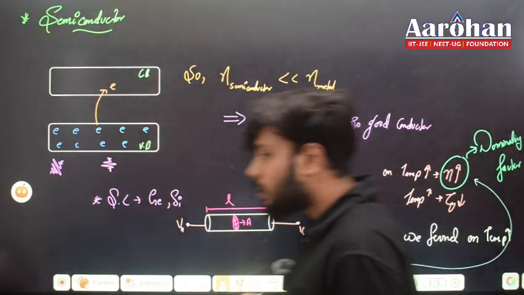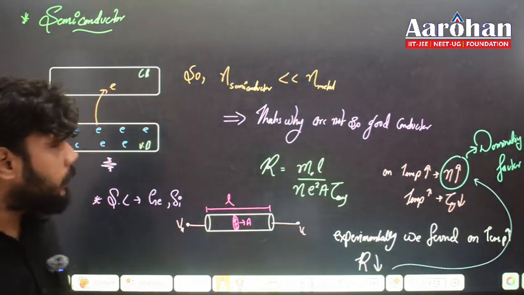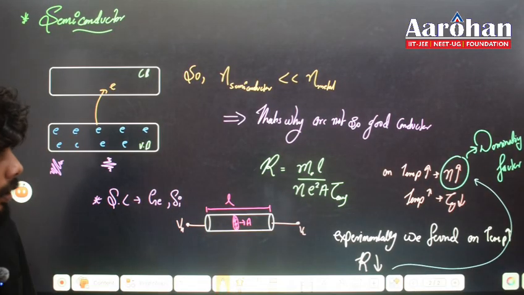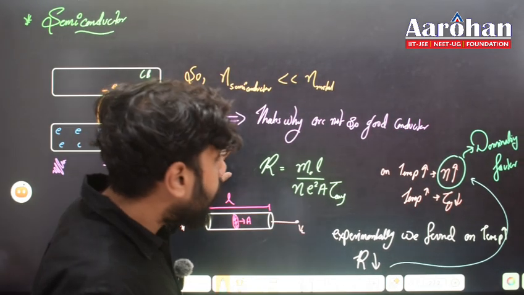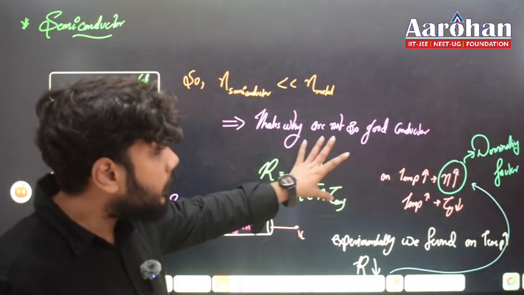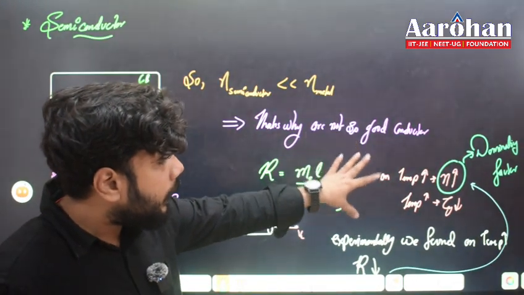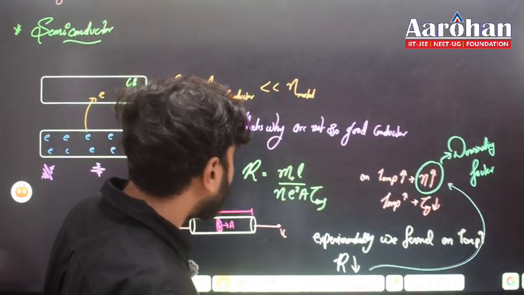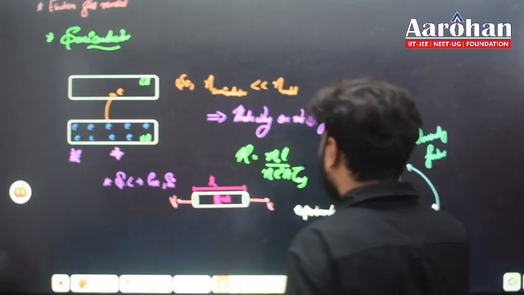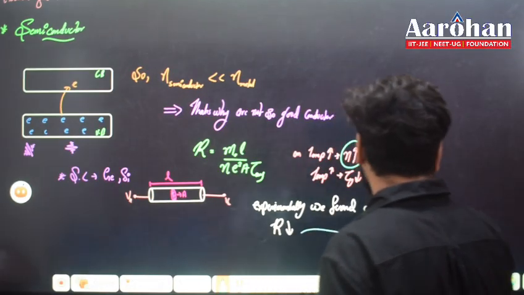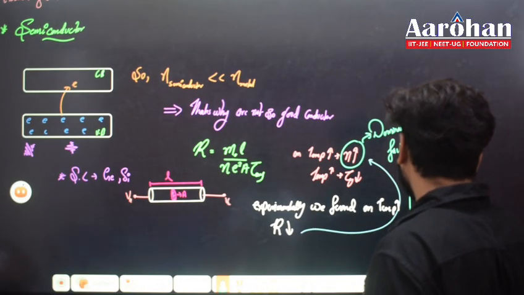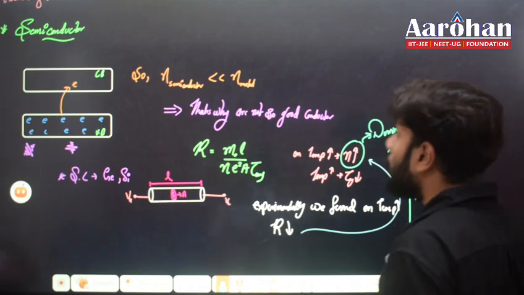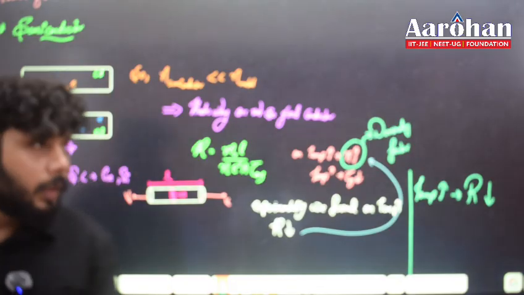What is the reason? Because they already have a very small free electron density. If somehow we can increase the free electron density, then it will become more conductive. Tau average will also have some effect, but that effect is signified by N. So lastly, I'll write here the conclusion, although I have already said it: on increasing temperature, resistance decreases for semiconductors. Got it?